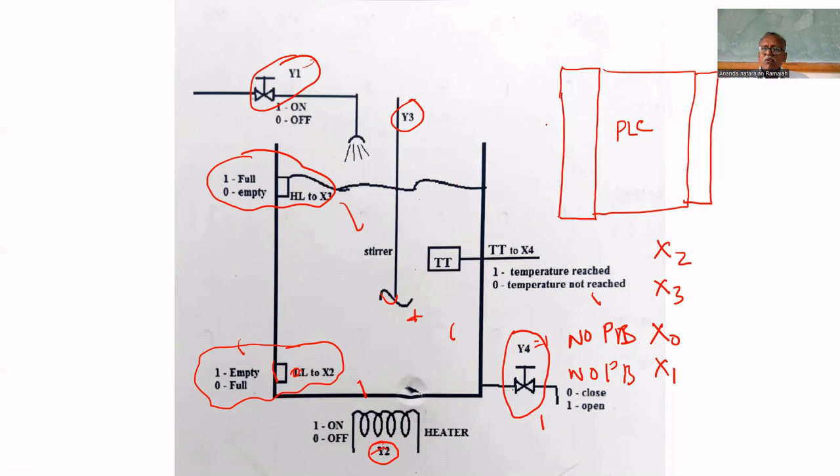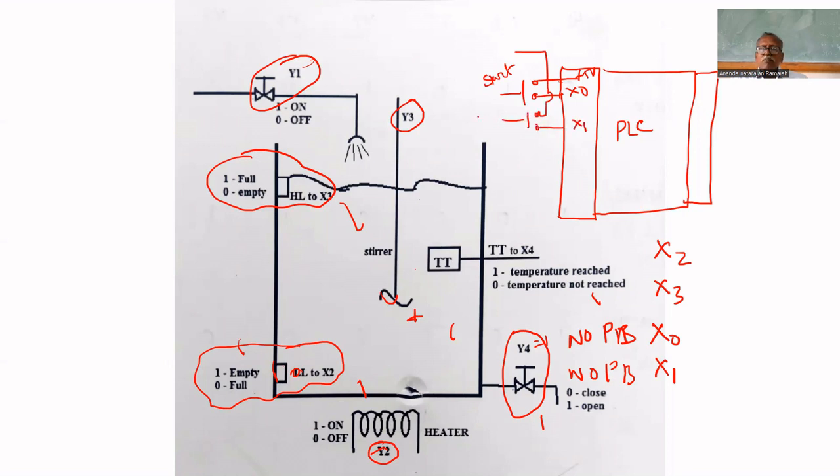Okay. So now we have to do the hardware wiring. A push button is required to turn on. This is plus 5 volt. It is connected to X0. This is to start. Another one is connected to X1.